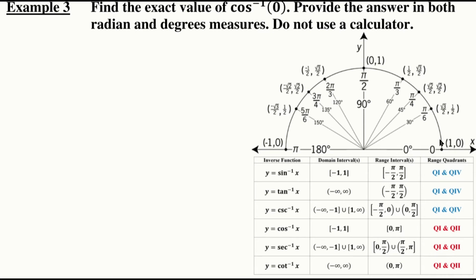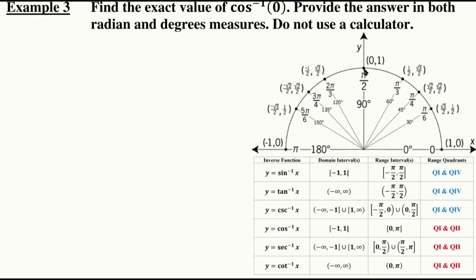Now, of course, we also want to find it in degrees, so 0 to pi or 0 to 180 degrees. And of course, as you know, if we're looking at the top half of the unit circle, then we know that the x value of each of these ordered pairs corresponds to the cosine of the angle whose terminal side happens to fall at that location.